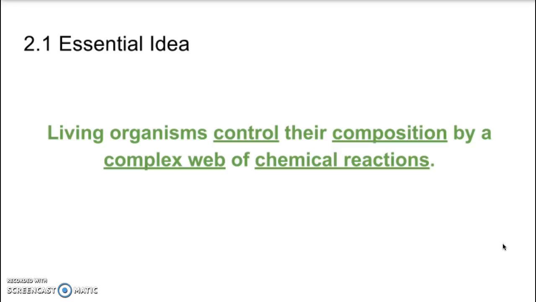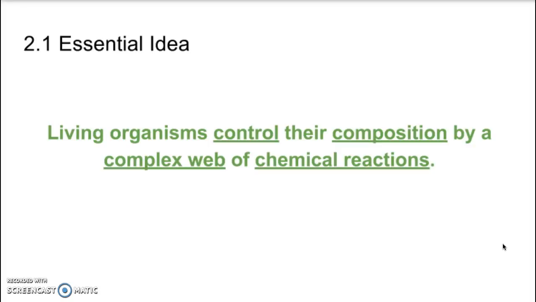Okay, the essential idea for this unit 2.1 is that living organisms control their composition by a complex web of chemical reactions. So I guess the key idea is this element of control. Cells and living organisms that are a collection of cells have great control over their makeup.